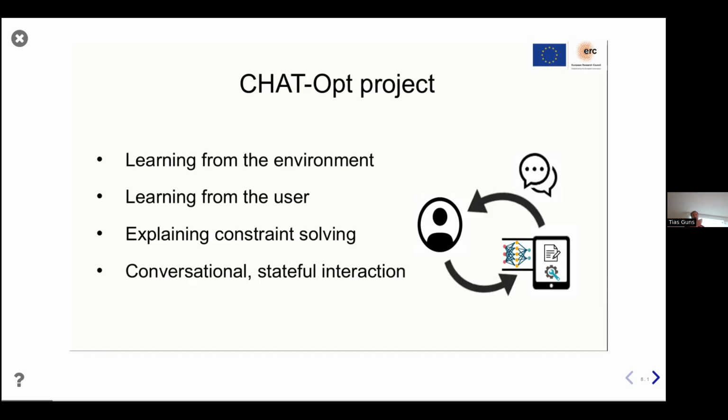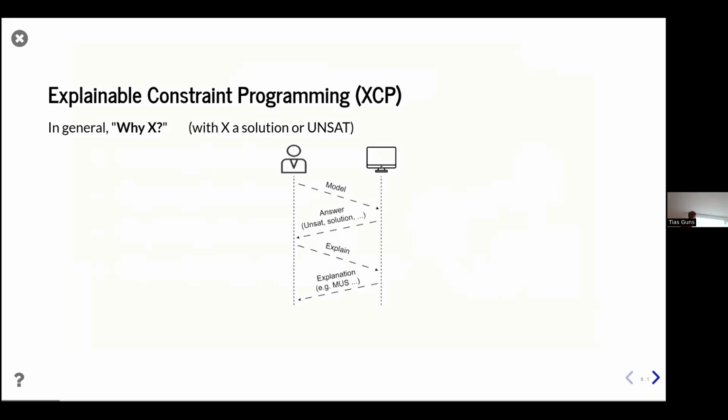So not just a one-time thing, but a continuous learning interaction between the user and the problem that they are trying to solve. Most lately, we're also using large language model technology, so you can talk to Kostis and Thomas from the lab if you want to see an exciting demo that we're working on. But today will be about the explanation part.